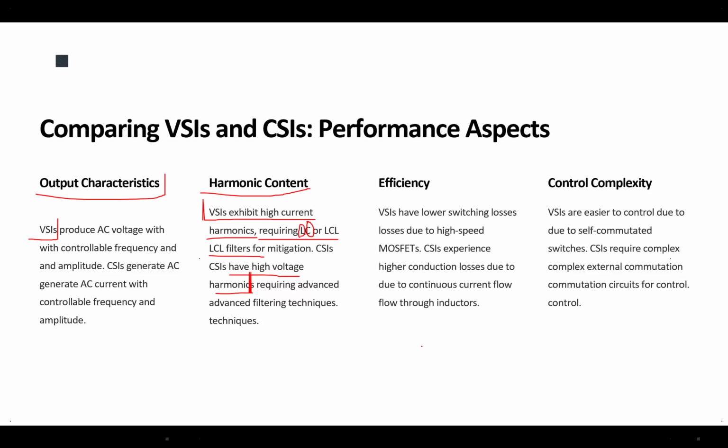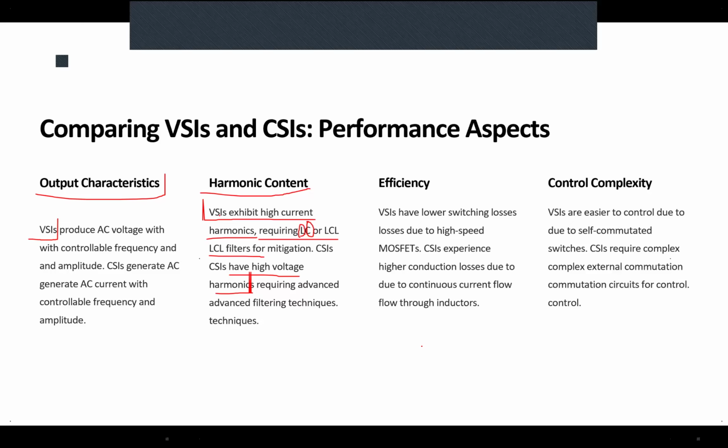Therefore, for voltage source inverters, you need passive filters in order to damp or mitigate the harmonics in your current output.